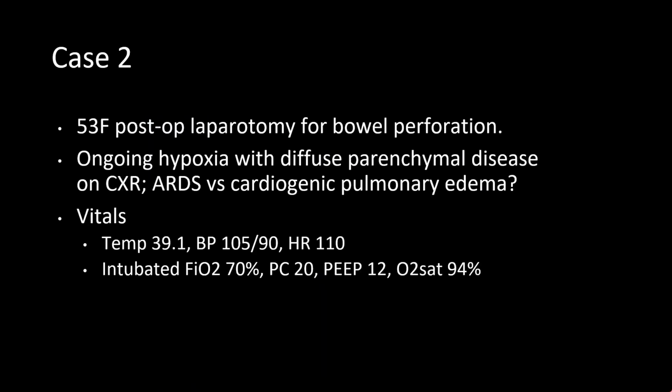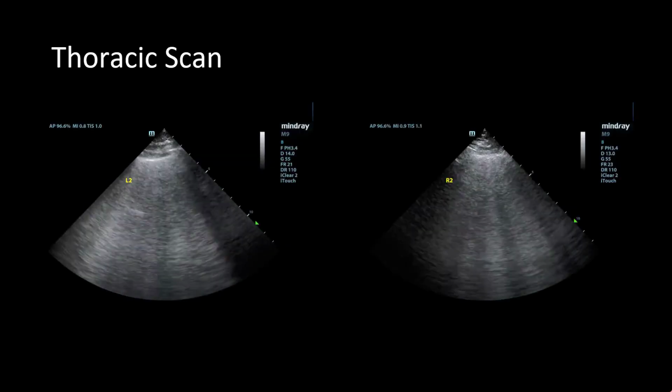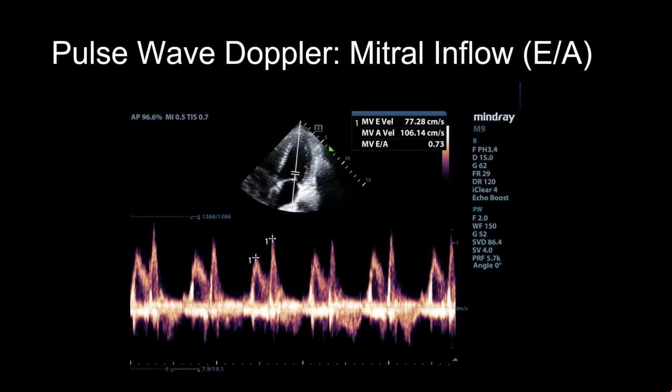So going back to case number 2 of a 53-year-old female post-op laparotomy with ongoing hypoxia and a chest x-ray showing diffuse parenchymal opacities. Once again, her thoracic scan is showing diffuse B lines anteriorly. We do pulse wave Doppler to interrogate mitral valve inflow, and we see here she's got an E velocity of 77 centimeters per second.